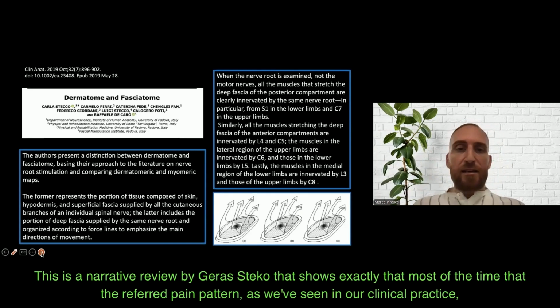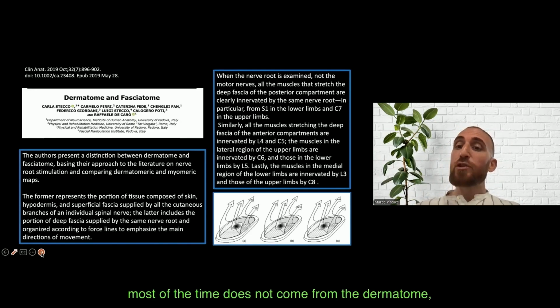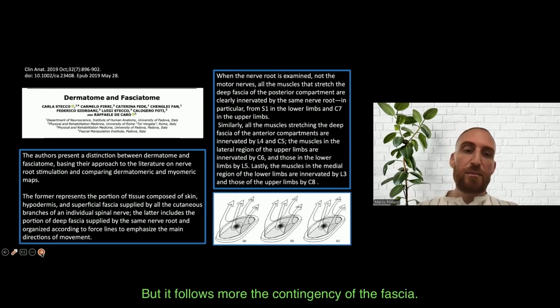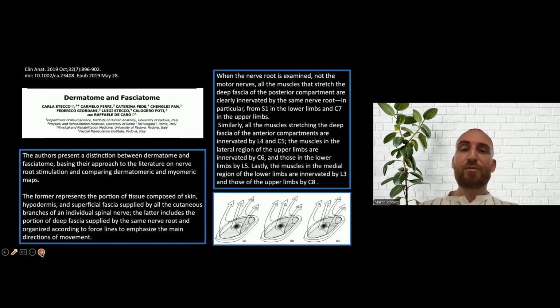This is a narrative review published by Stecco that shows exactly that most of the time the referred pain pattern that we see in our clinical practice does not come from the dermatome. We know that the dermatome most of the time can be confusing, because the patient does not come with a clear pain that follows a clear dermatome, but it follows more the continuity of the deep fascia.